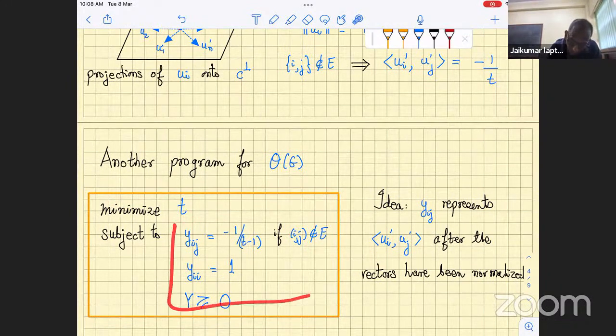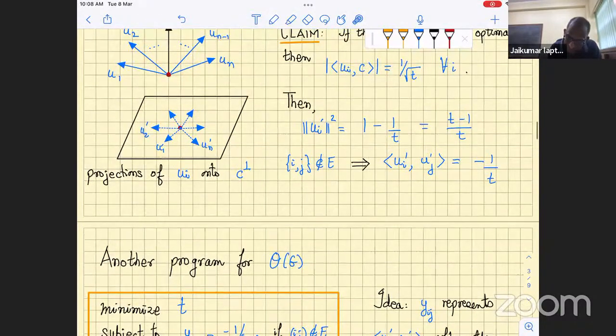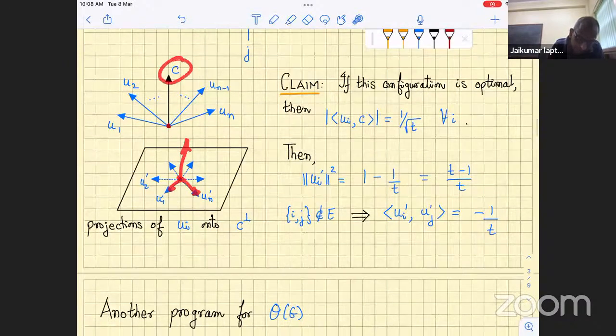If you had a solution for this program, then you will shrink them a little bit, so that they become like this. Add one more component on top and call that your handle.